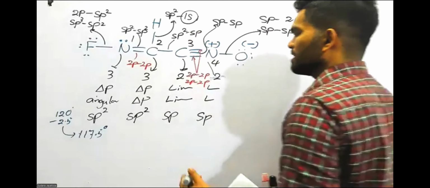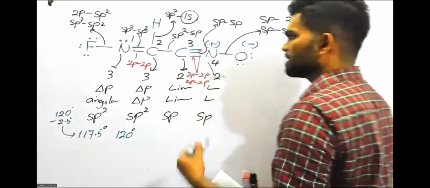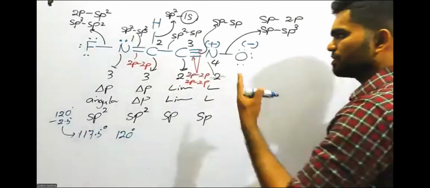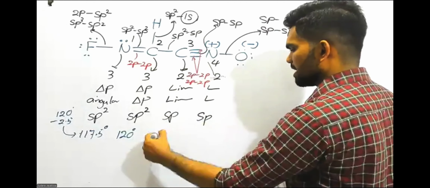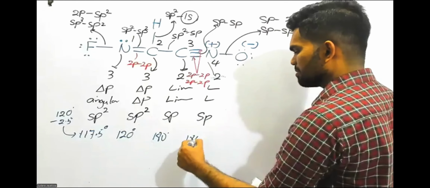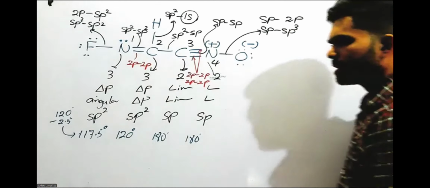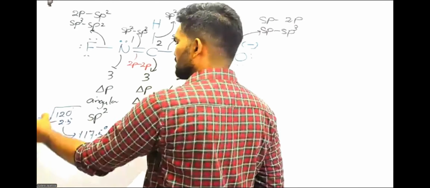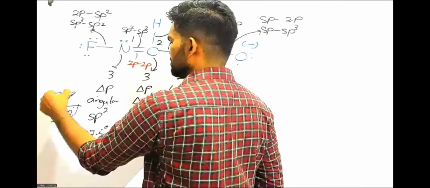Then C2, we can say approximately 120, maybe a little bit different because of the double bond. And these two are going to be 180 and 180 because they are linear geometry, no lone pairs. So if you have a lone pair, then subtract 2.5 from the ideal bond angle. This is called the ideal bond angle.